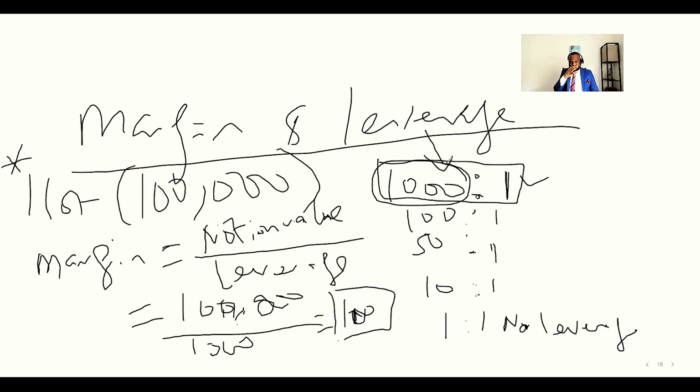That is what leverage means in layman's words. When the broker says, I'm giving you a leverage of 1,000 to 1, what it means is that for every one deposit you make, you have a theoretical equivalent, don't forget, to trade 1,000 of that thing that you deposited.